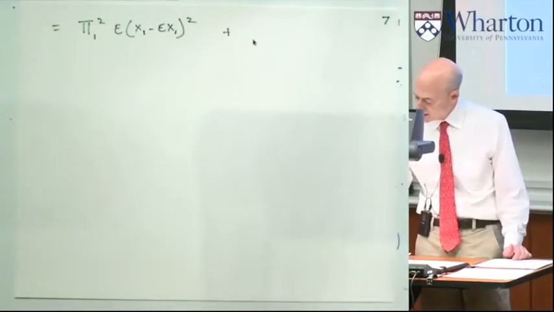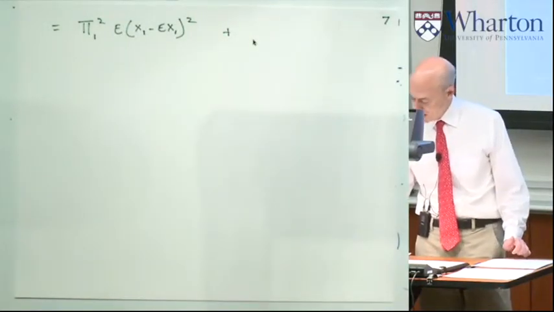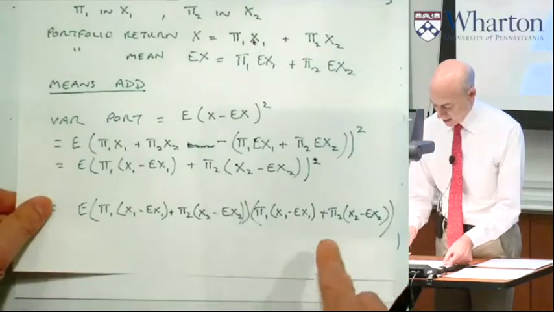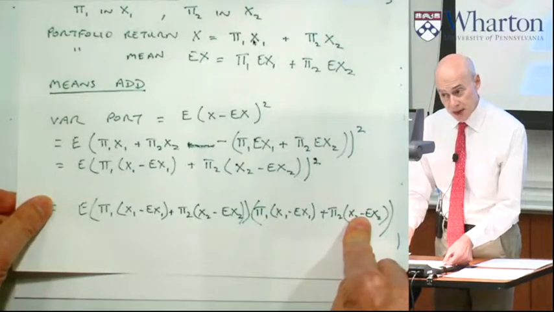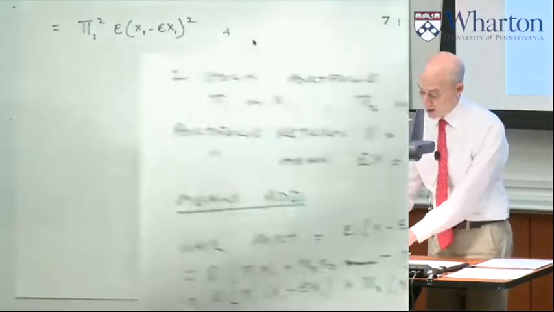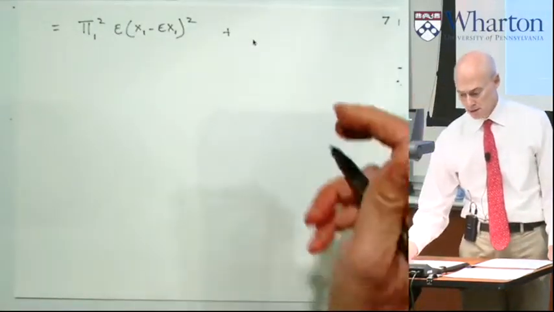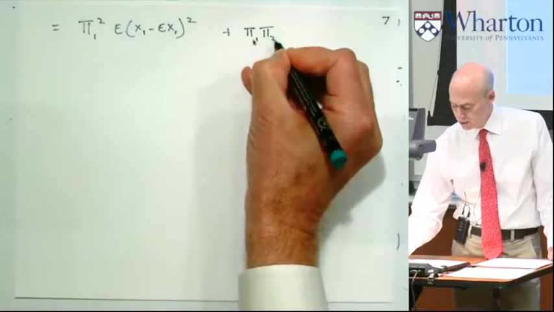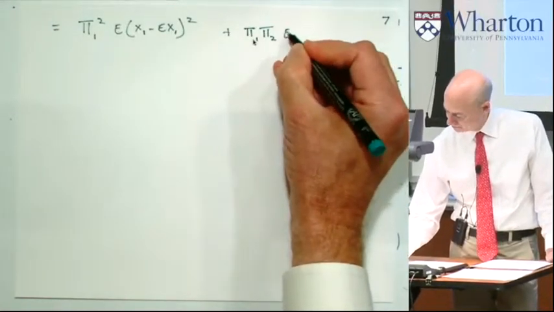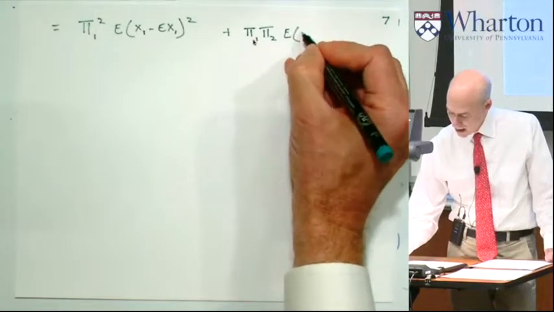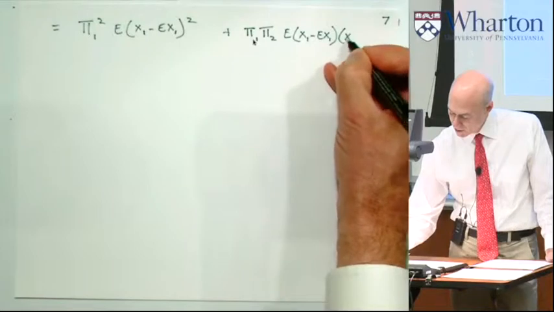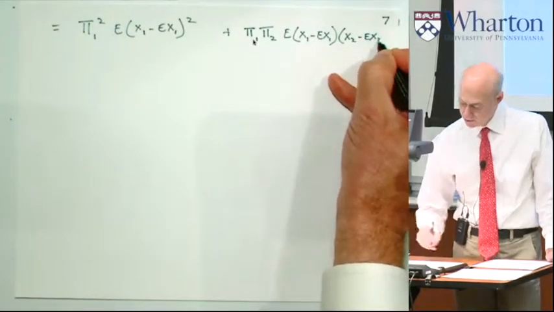If we multiply the first term by the second term in the second bracket, what do we get? We get pi 1 pi 2 times (x1 minus EX1)(x2 minus EX2).